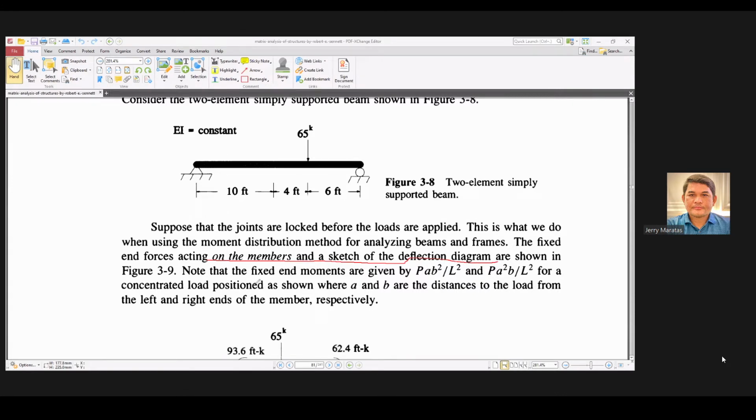3.9. Note that the fixed end moments for a concentrated load position are shown, where A and B are the distances to the load from the left and right ends of the members respectively.